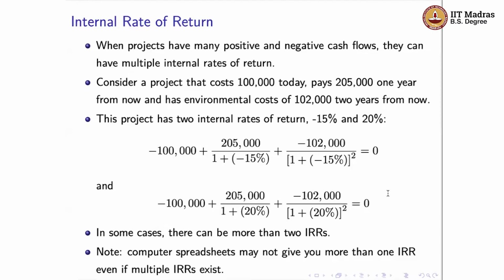So the issue is that when you are doing IRR calculation using computer spreadsheets, for example, the command that we mentioned in Excel, they may not actually give you more than one IRR, even if multiple internal rates of return exist, right? So this is one limitation of using the software that you have to be aware of.